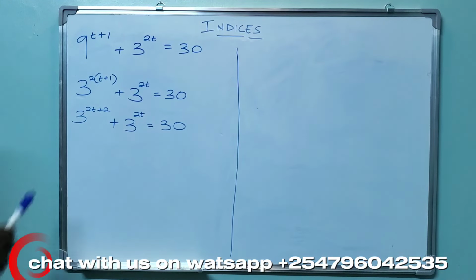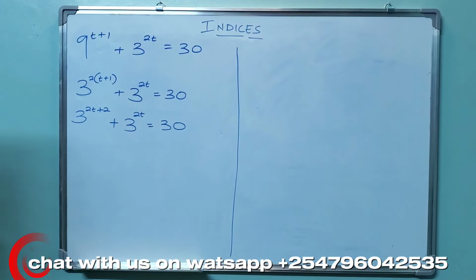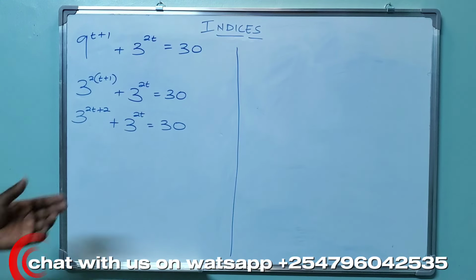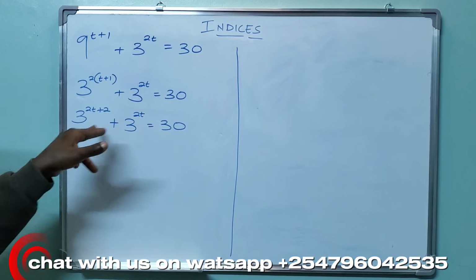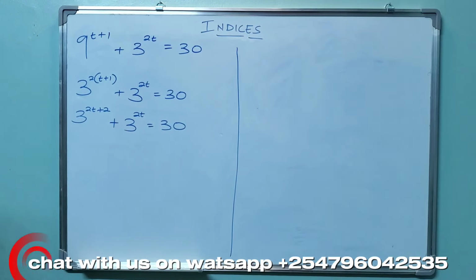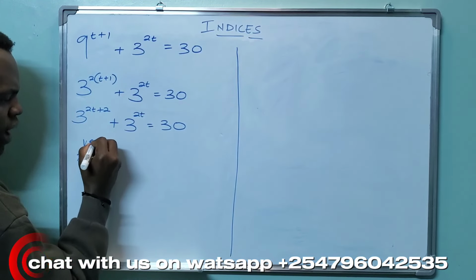Now, again, I cannot combine this and this. Why? Because the sign that separates the two indices is a plus. And in our laws of indices, we don't have any law that involves an addition in between two powers. So, what are we going to do? We are going to use what I was telling you about in our previous session. Sometimes you can be given something like a raised to power n plus m.